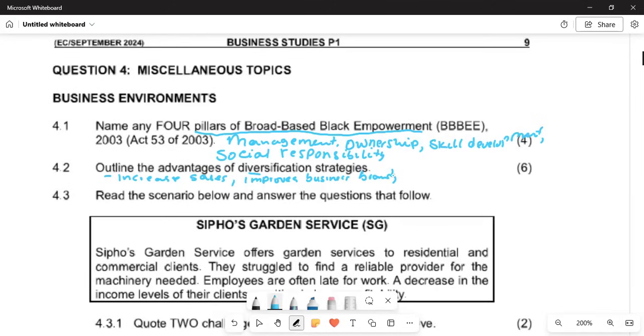Also the improved business brand, image and brand awareness of the business. They also reduce the risk of relying only on one product.